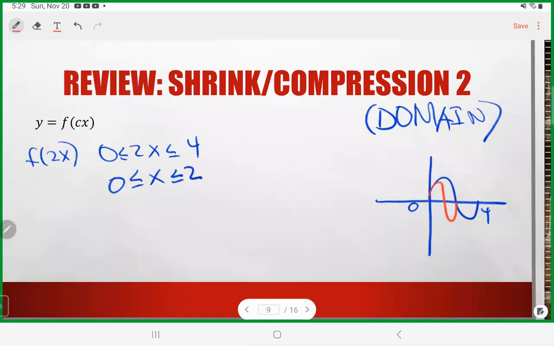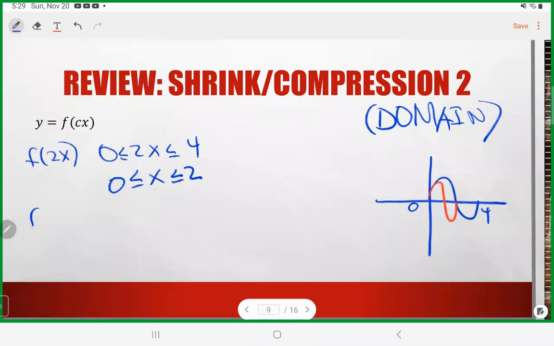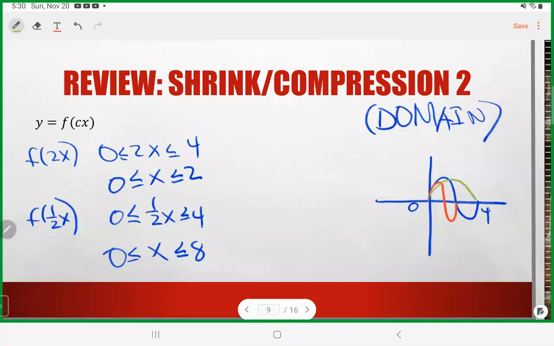Then if we take a look at f of 1/2 of x, put that into the domain, x is going to be equal to 8. So my graph is going to run off the side, but it's going to look like this. It's stretched.